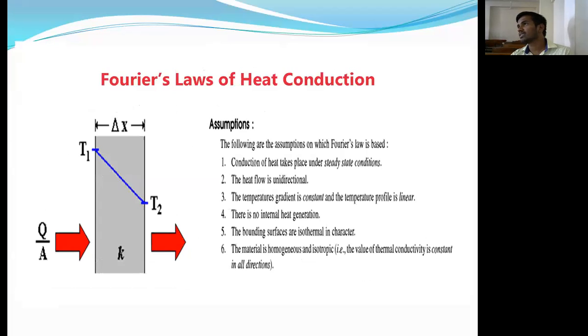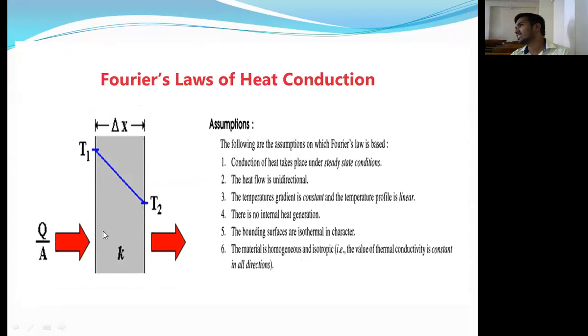After that, we discussed the assumptions for Fourier's law of heat conduction. When we derived that equation, we considered some assumptions. What are those assumptions? We considered that conduction of heat takes place under steady state conditions. What is the meaning of steady state condition? Temperature does not change with respect to time.